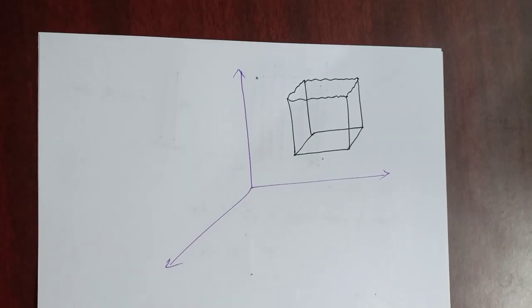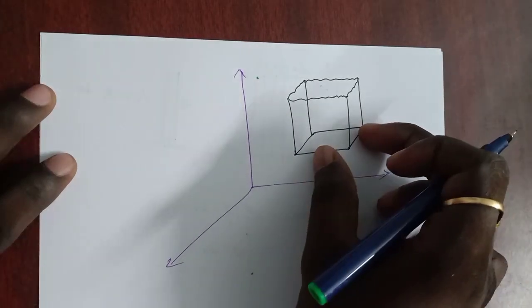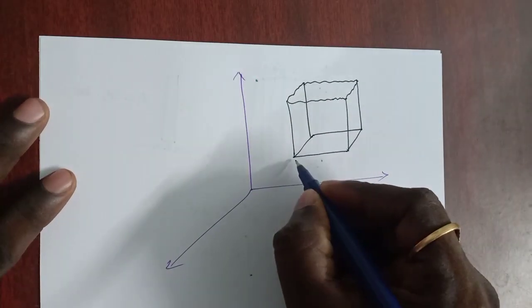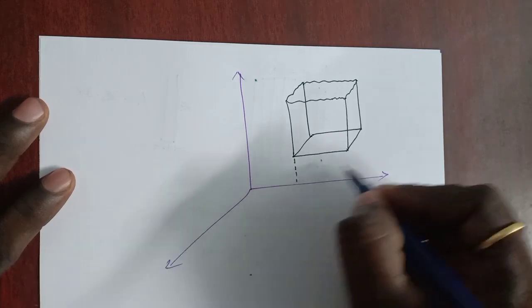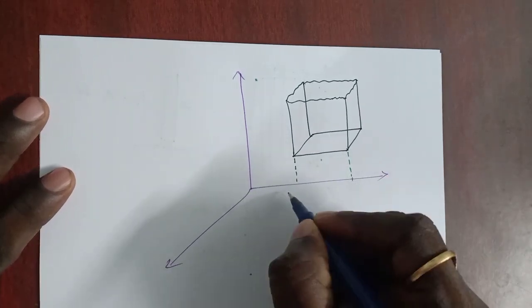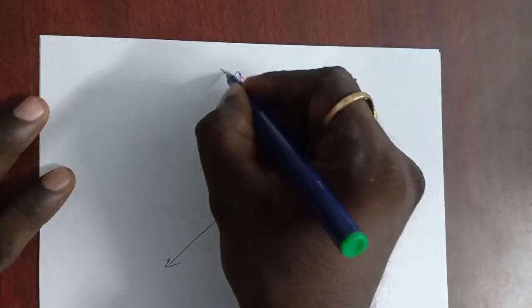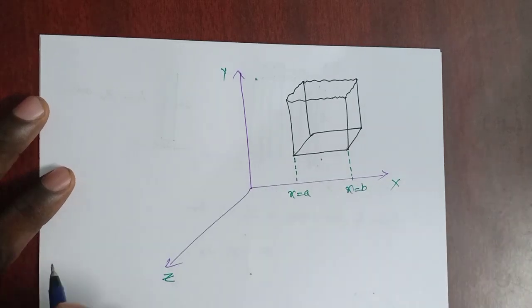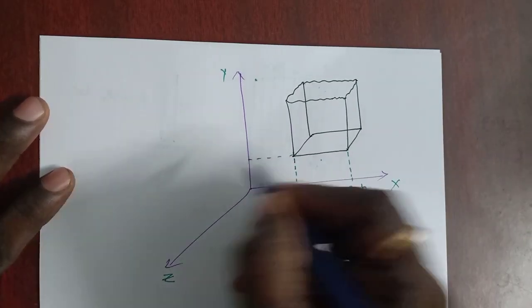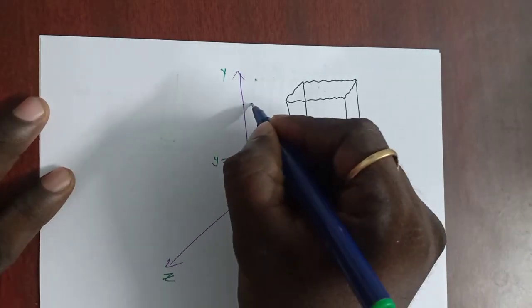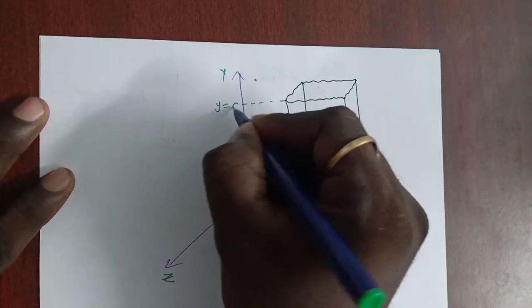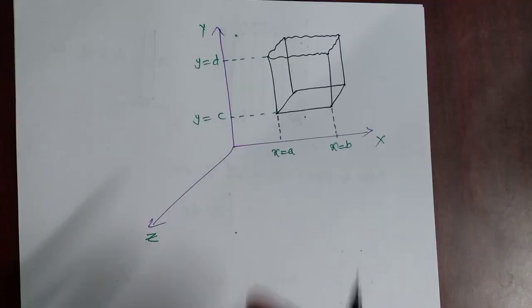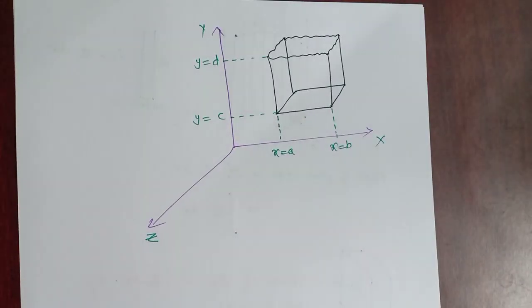Now please see this. I have taken a rectangular box having x, y, z. How to find the volume of this rectangular box?